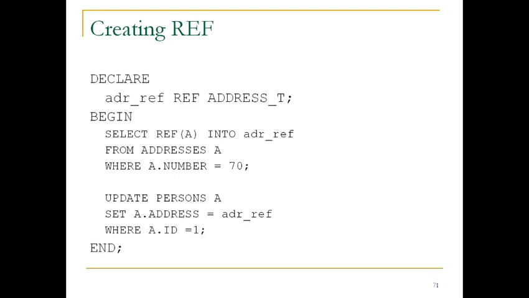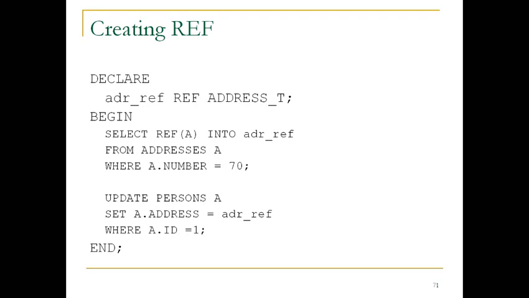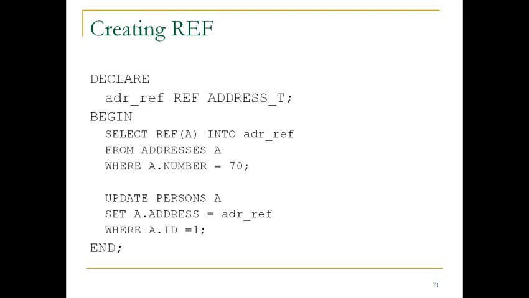Of course, it would not be correct if we had more addresses here with the same house number, and then we update this record of persons by putting this address reference, which is the variable of type ref, where we selected the reference into it, and put it here.